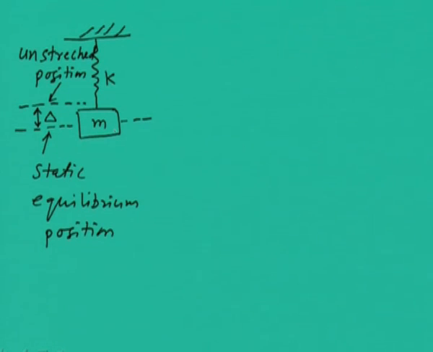If we take the free body diagram of this mass, which is in static equilibrium, we have mg, the weight of the mass, acting downward, and because of the extension of the spring we have k into delta as spring force acting upward. So from force balance, we see that k delta is equal to mg.